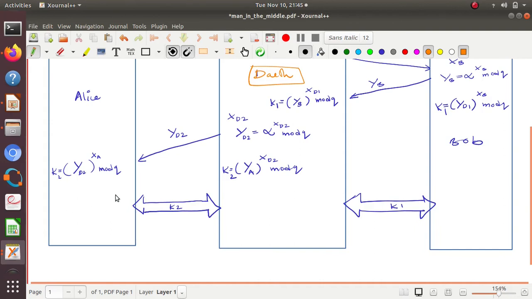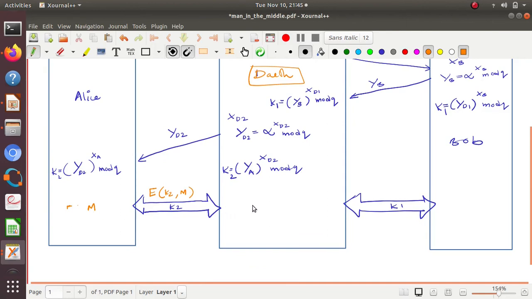Assume that the message is M. Alice will encrypt that message with K2, so E(K2, M) will be transmitted.